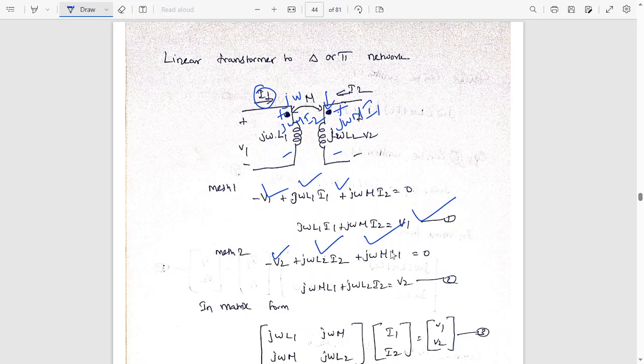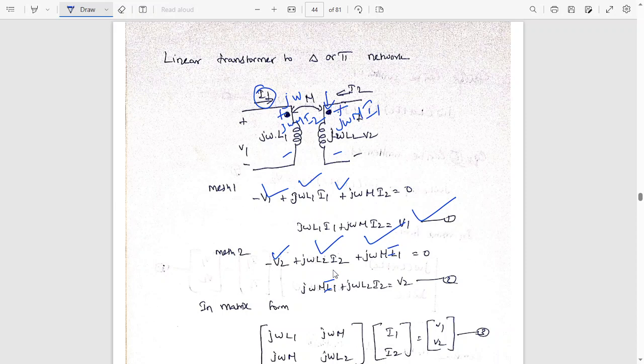This is not L1, this is I1. I can rearrange this, so I get j omega M I1 plus j omega L2 I2 equal to V2.